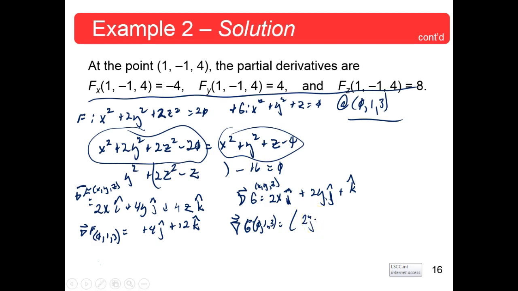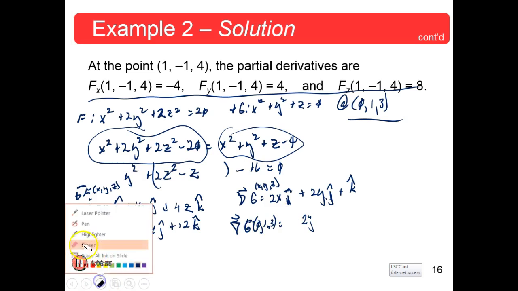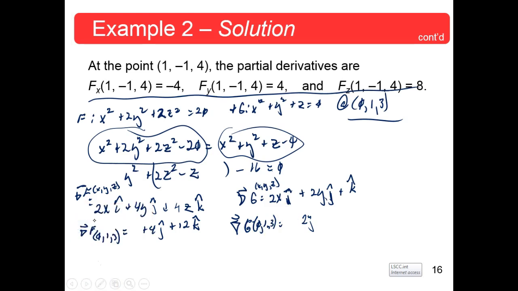Yeah. I don't need the parentheses, I don't think. That's what I was worried about. I didn't have it before, so let me erase it now. And then what? Plus k. Because it didn't have any x, y, or z dependence on it. Okay. And 2j plus k. Got it.